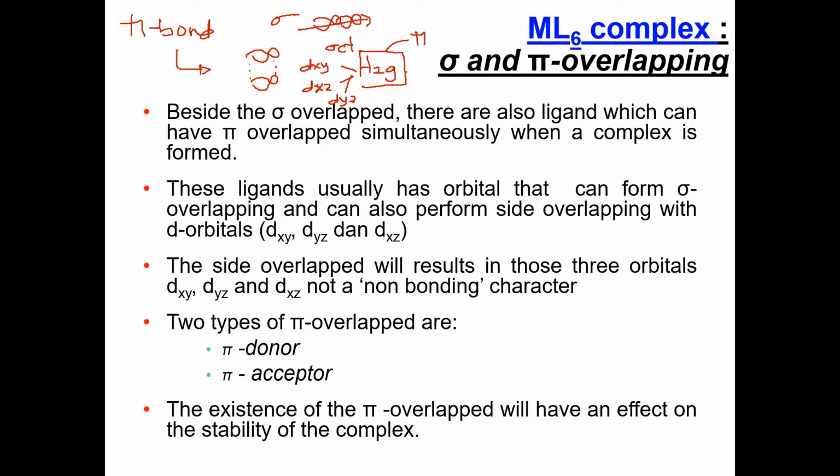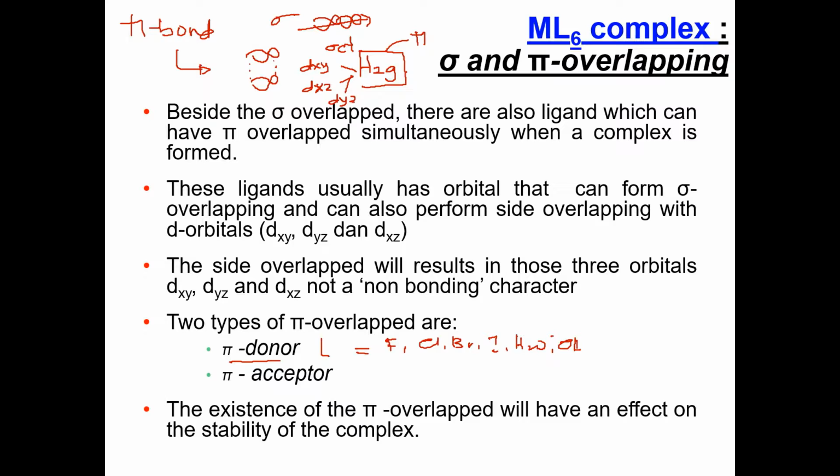So this pi overlapping for the complexes has two types. The first one is the pi donor ligand. The examples of the pi donor ligands will be the fluoride ion, chloride, bromide, iodide, H2O, and OH, hydroxide.